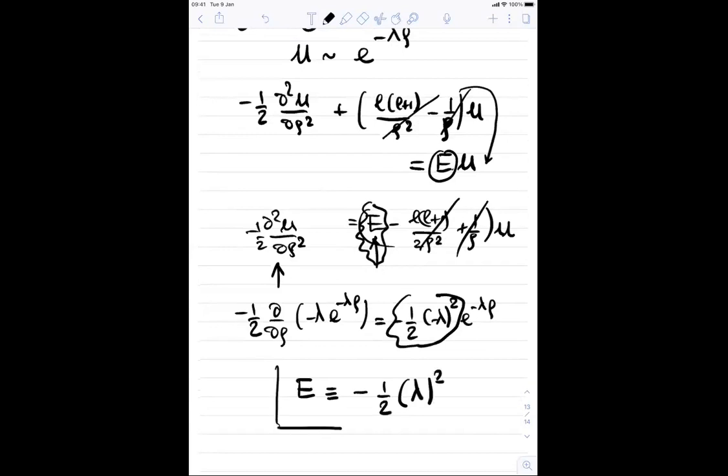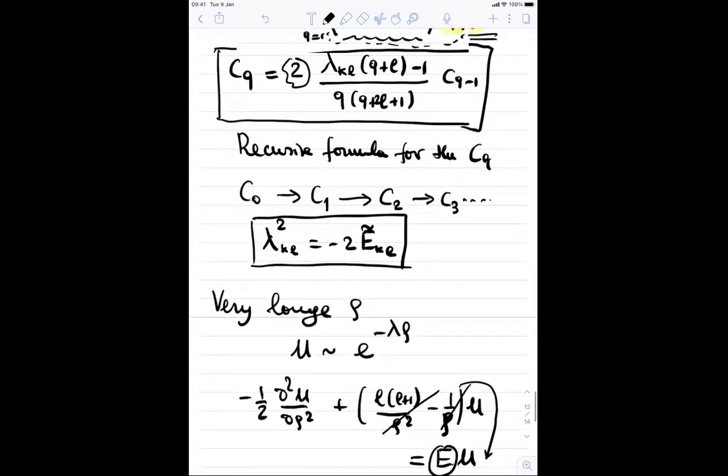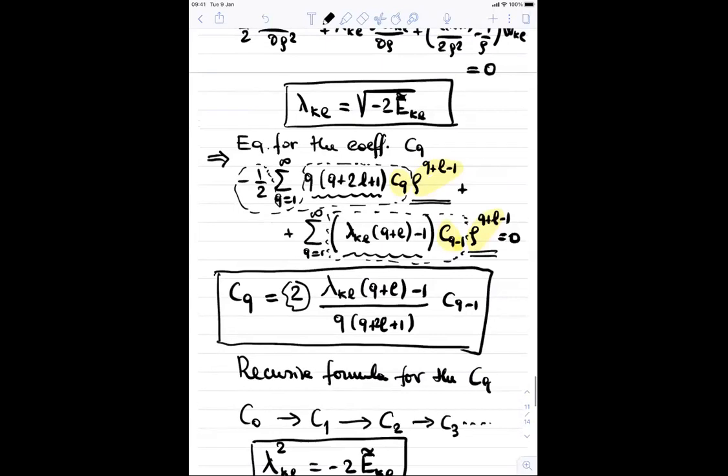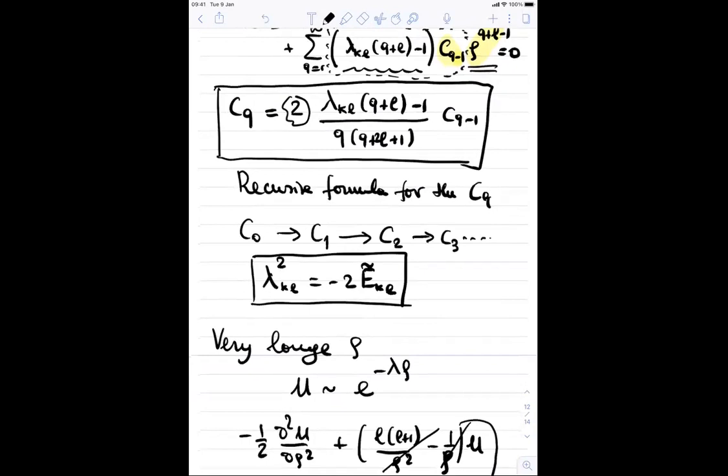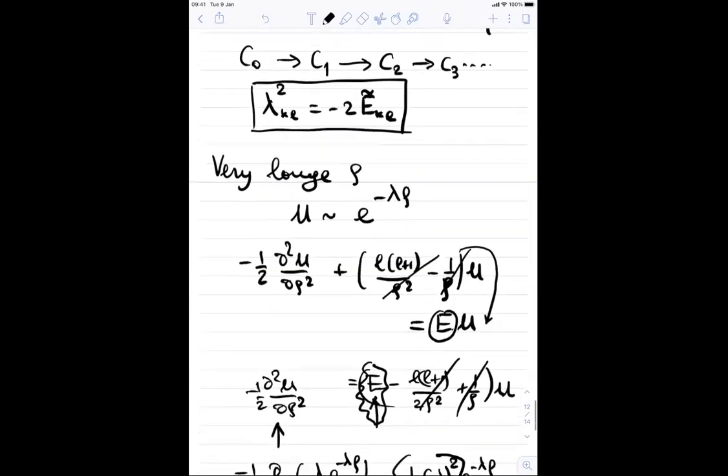There is no other way that this equation can be satisfied for very large rho unless the energy is the square of the parameter lambda that you put in the decaying exponential, divided by 2. So that's the reason why I am all the time giving you this equation. It's always the same equation, and it is fundamentally related to the large rho behavior of the function. Is it clear? A bit more clear.